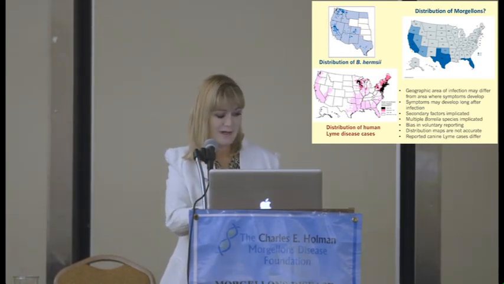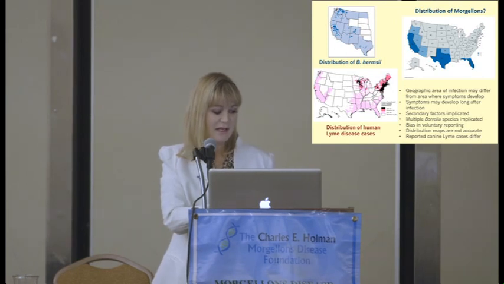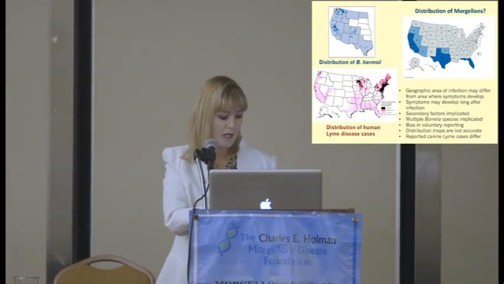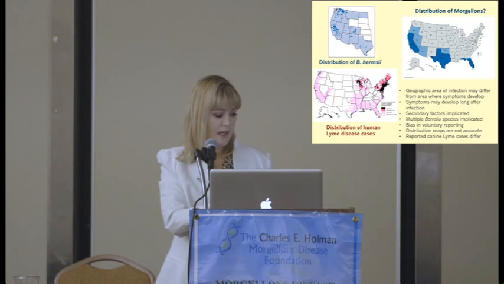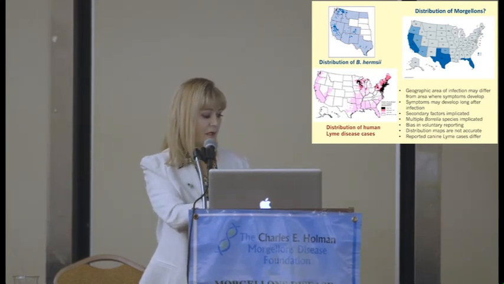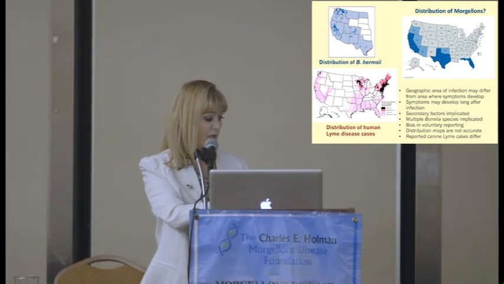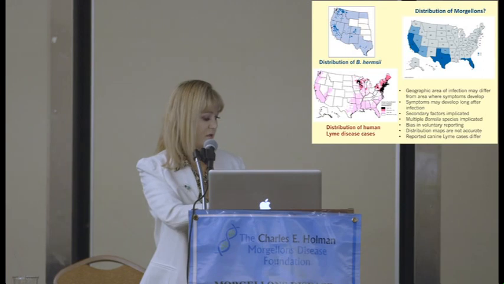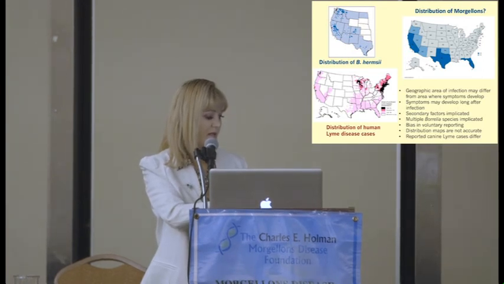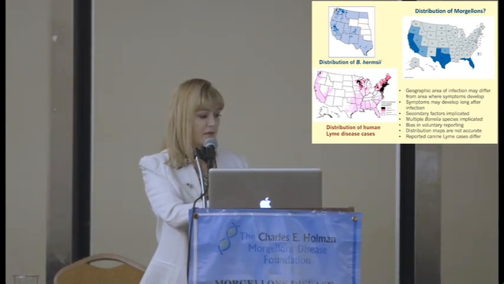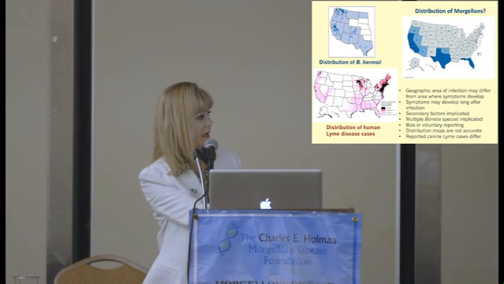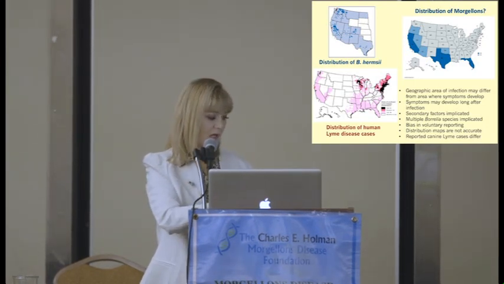Dr. Randy Wymore's OSU registry reported that most of the cases were in Oregon, Nevada, Arizona, and Oklahoma. These distributions don't really match the acknowledged distribution of human Lyme disease cases, which are mostly in the New England states and around the Great Lakes, as seen over here.